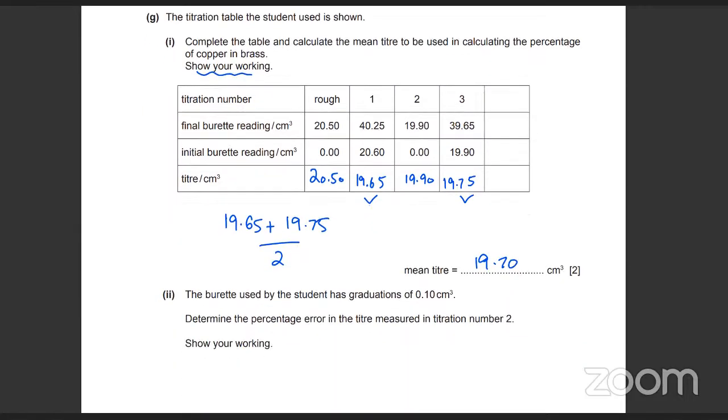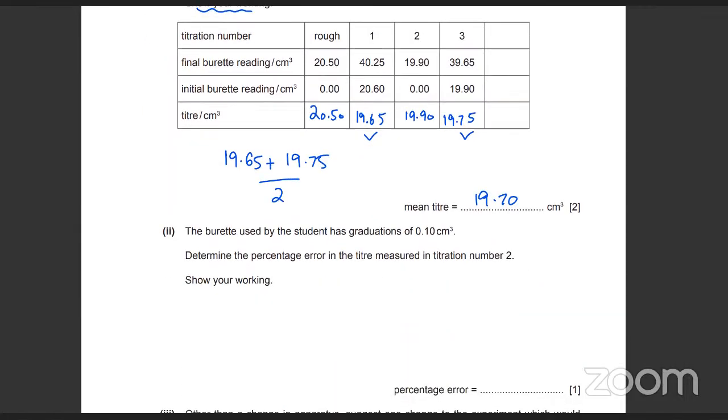So that is the amount of thiosulfate that's being added. The burette used by the student has a graduation of 0.1 cm³. Determine the percentage error in the titer measured in titration number 2. Now, always show your working, all of it. Don't directly try and answer this one. First thing, what's the error?